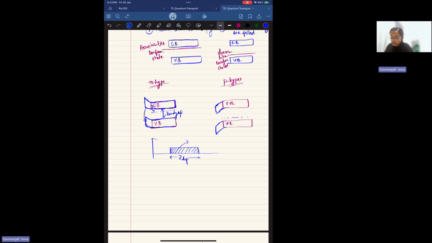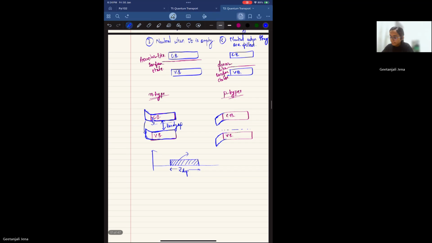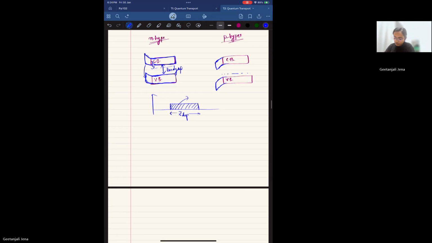It may consist of positive ions or negative ions depending on the type of charge carriers. Let's say N_D is the donor density. We are now considering the N-type semiconductor, so this will be positively charged immobile ions.